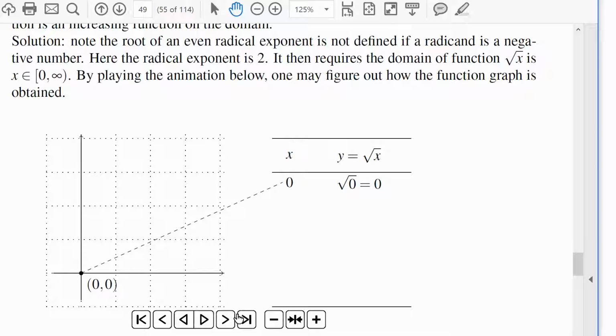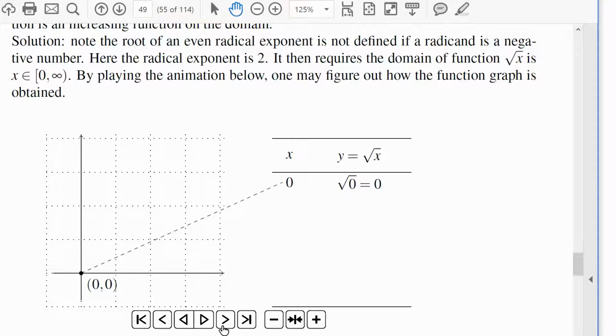When x equals 0, you plug in 0 here, radical 0, you get 0. So 0, 0 is here.